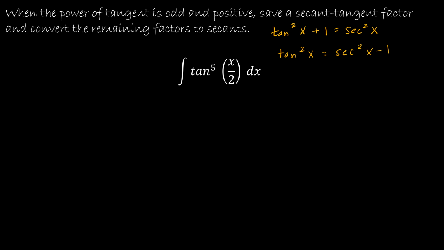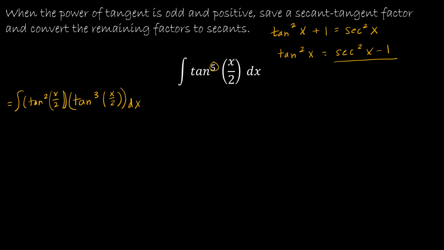So let's see how I can rewrite my initial integral as tangent squared of x over 2 so that I can use my identity. And if I took 2 of them, that means I have 3 left. So tangent cubed x over 2 dx.